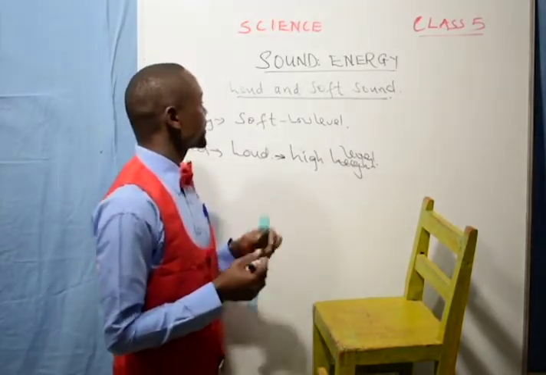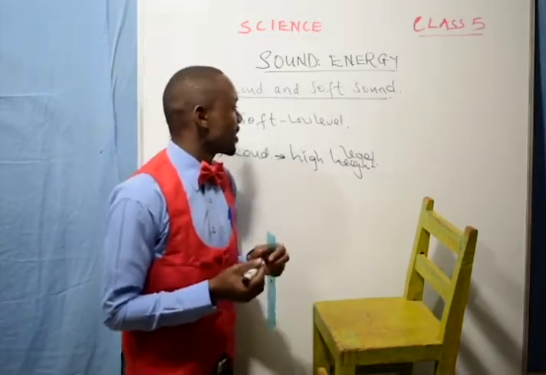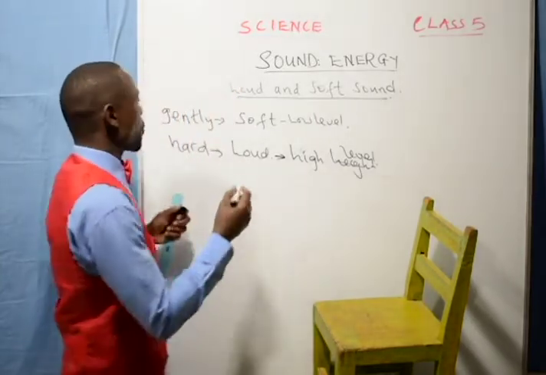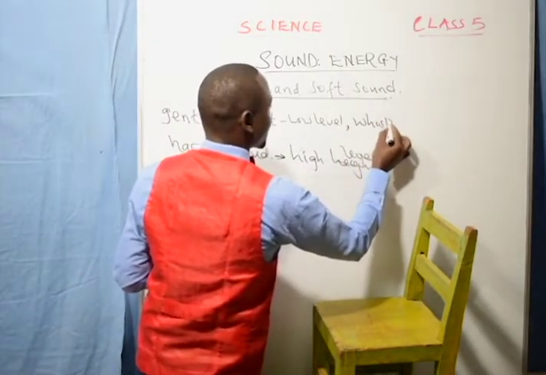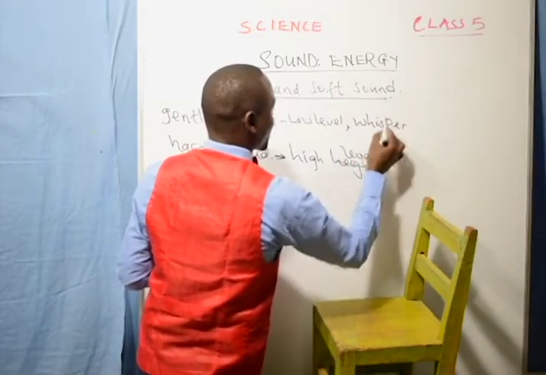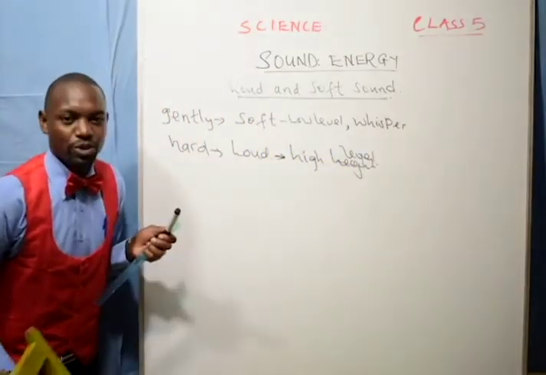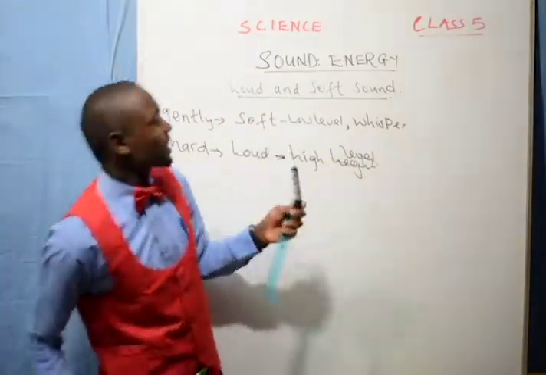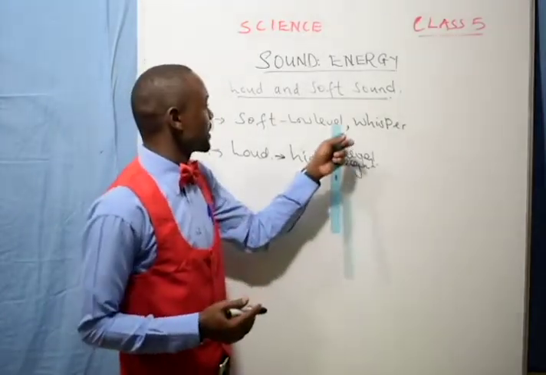Another way of producing loud and soft sound is, for example, when I'm whispering. When you whisper to somebody, you produce soft sound. When I say I'm whispering, that is producing low sound.